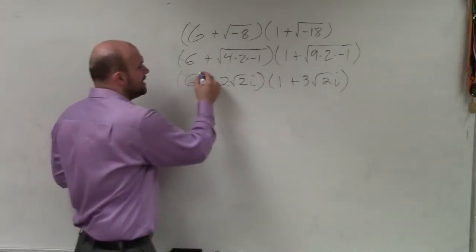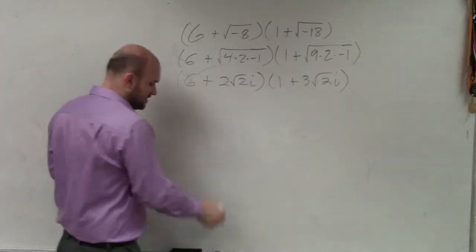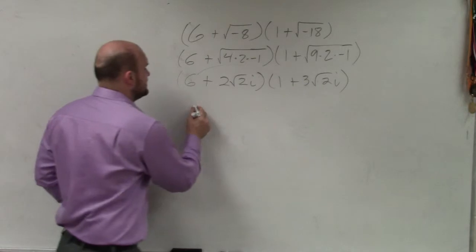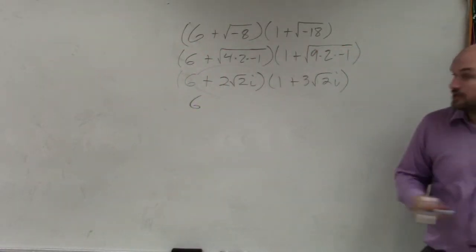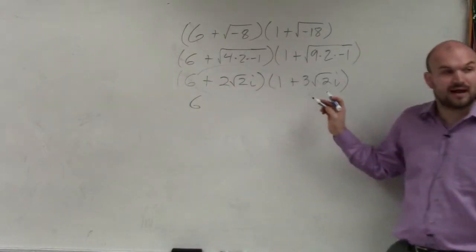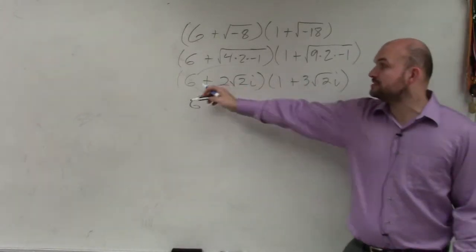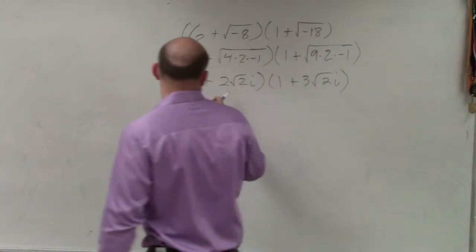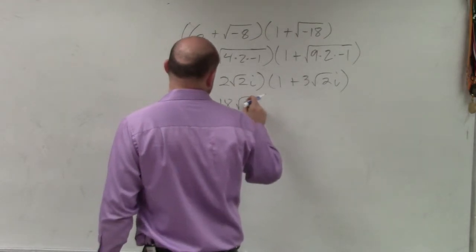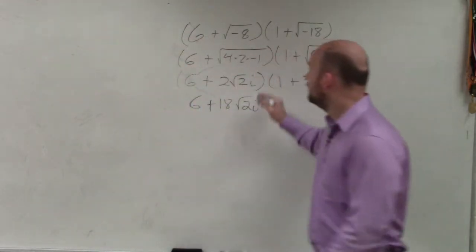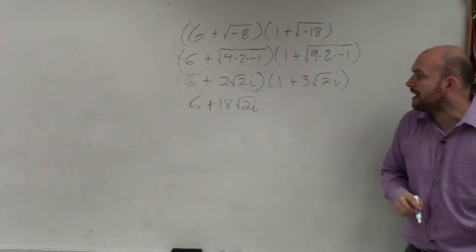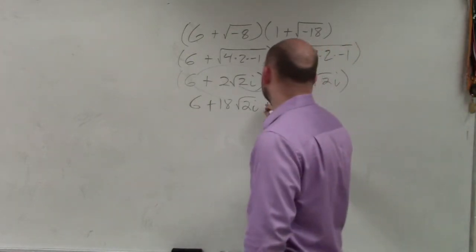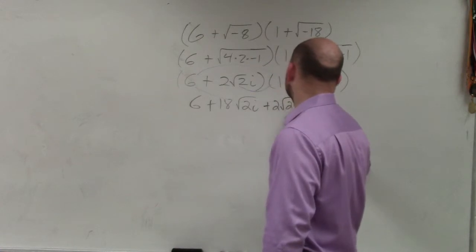So now if I apply FOIL, I multiply my first two terms: 6 times 1 is going to give you 6. I multiply my outer terms. When multiplying a 6 times a radical, you multiply your coefficient times 6, which is going to give you a positive 18 square root of 2i. I multiply my inner terms: 2 times 2 square root of 2i times 1 is just going to be a positive 2 square root of 2i.